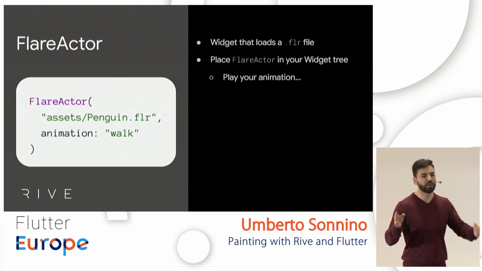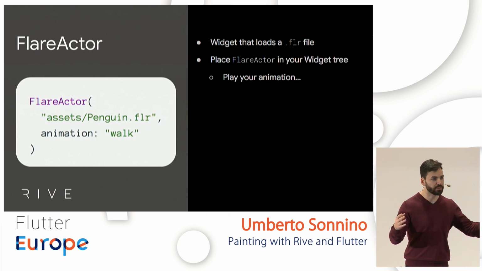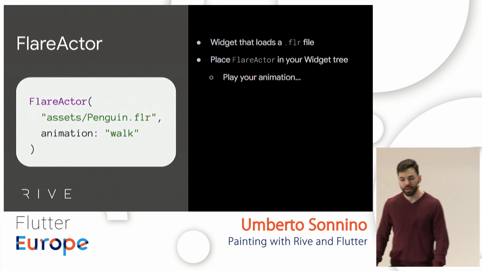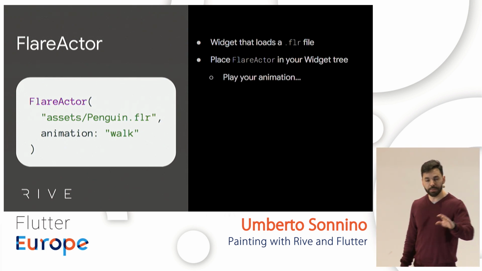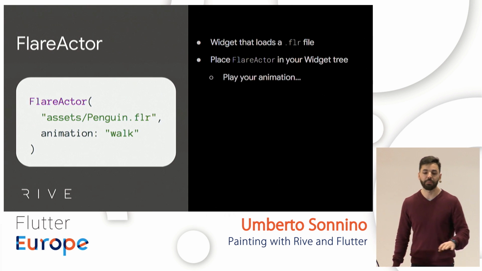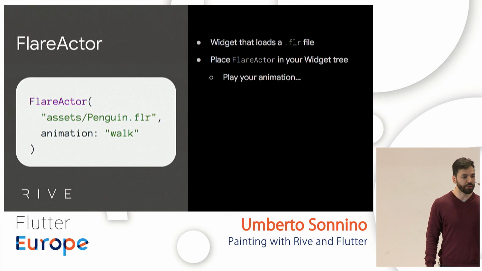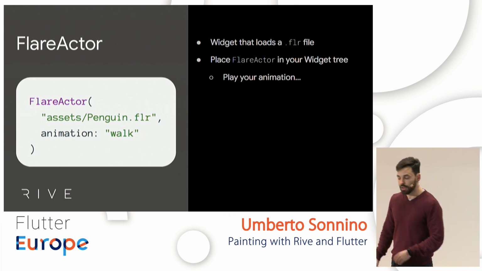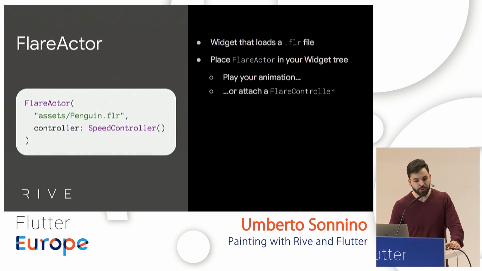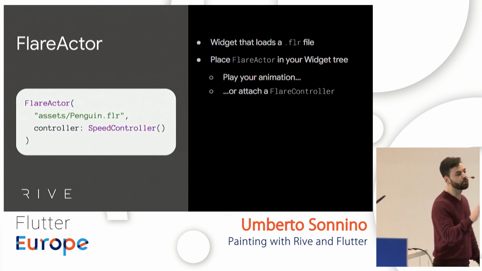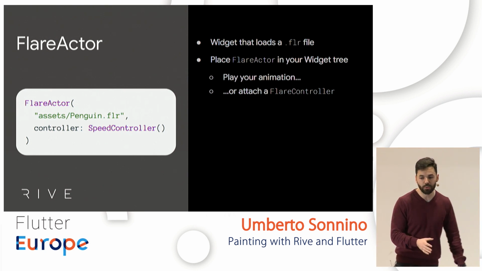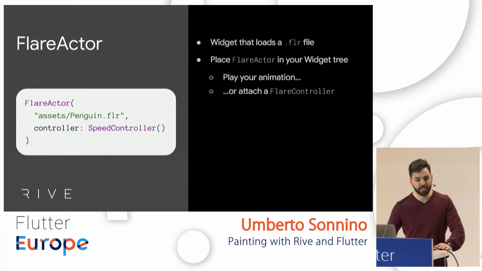You give it a path. You gotta import your assets, put those in your pubspec YAML, of course. And you can play your animation simply by giving it the name of the animation. The name of the animation has gotta be compliant with what you created within the Rive editor. But you can also control your animation by using a custom controller. And we're gonna see how that works later in this talk.